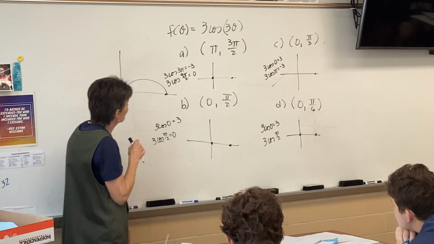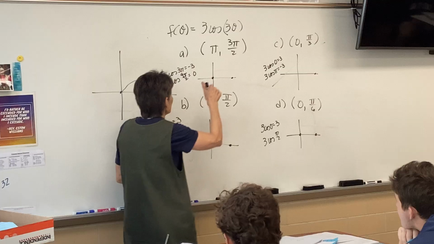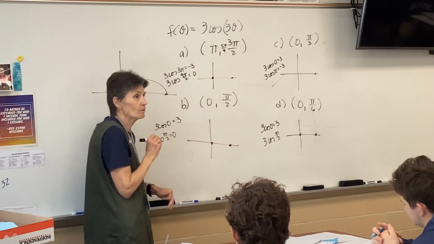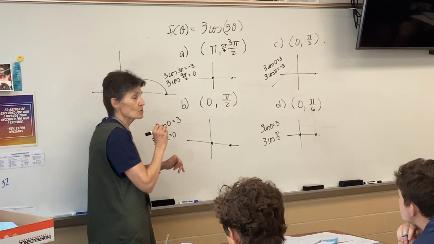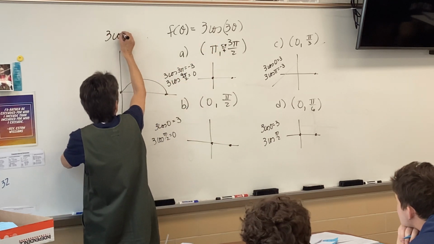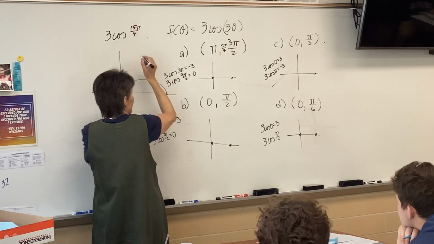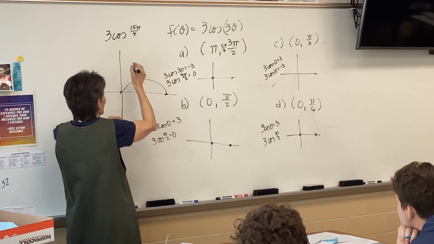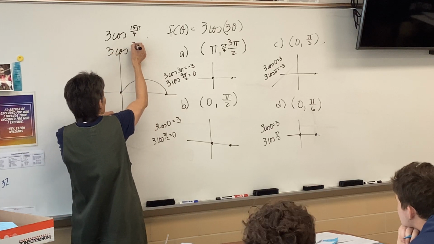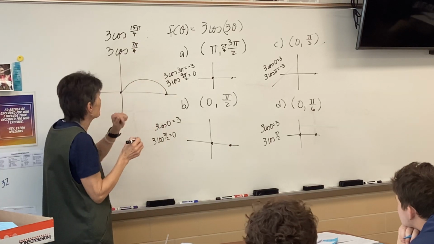Alright, so how about, is 5 pi over 4 in there? I'm gonna try 5 pi over 4. If I plug in 5 pi over 4, I'm gonna get 3 cosine 15 pi over 4, which is 3 cosine 7 pi over 4 if I get rid of the extra in there.